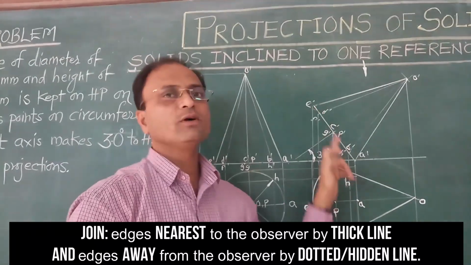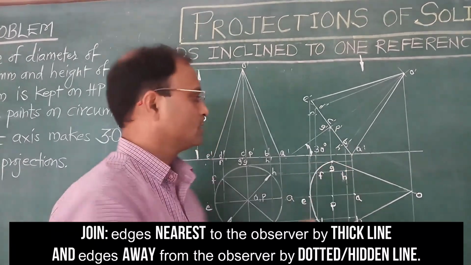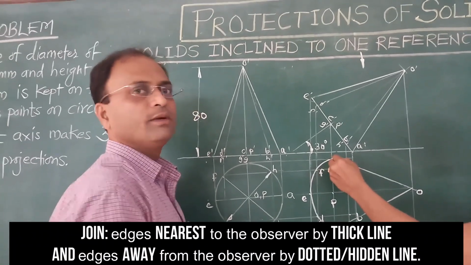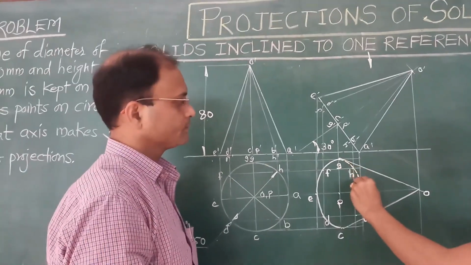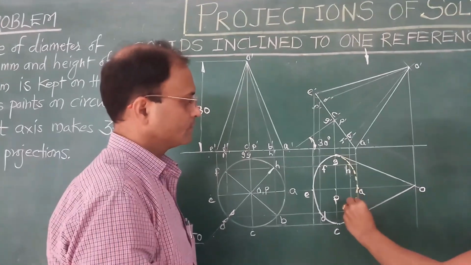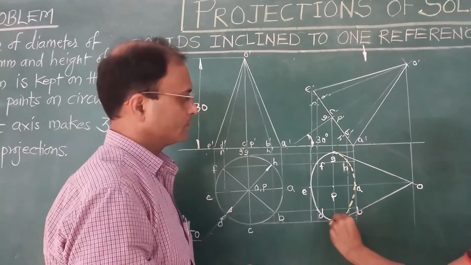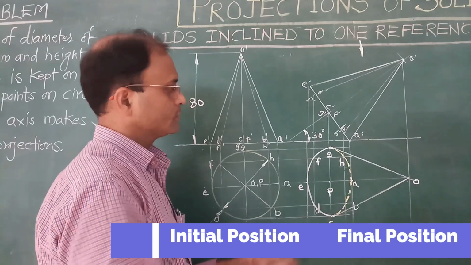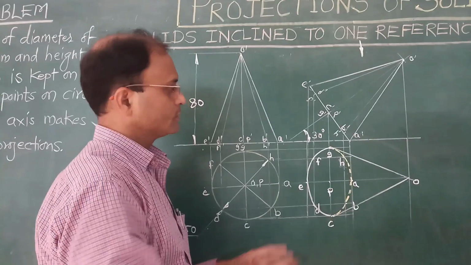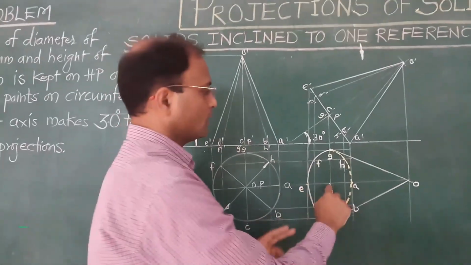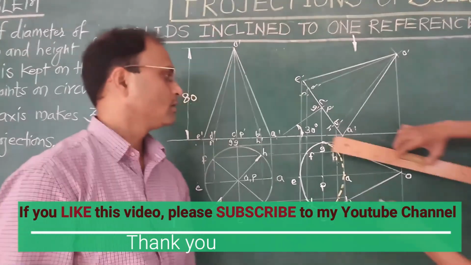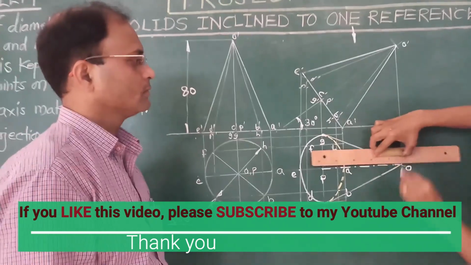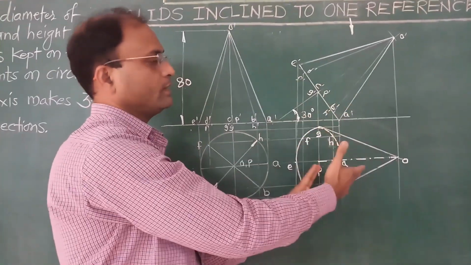That's why all the remaining points of the base must be connected by dotted lines, because base of the cone will not be visible. So this completes the required top view, along with, if you mark axis OP, so this is the required front view and top view of the object.